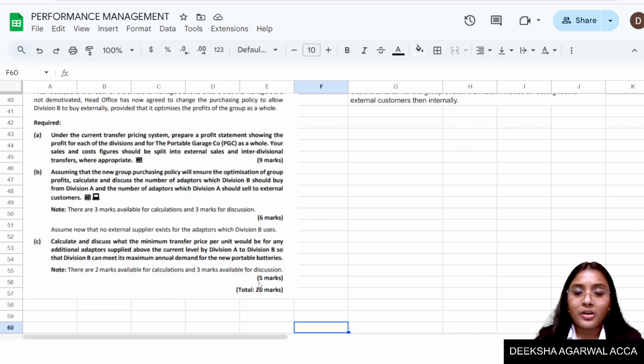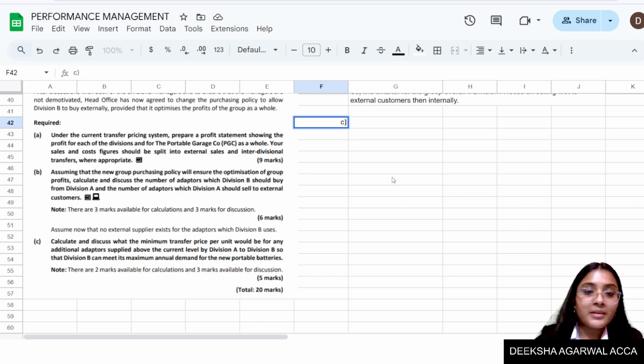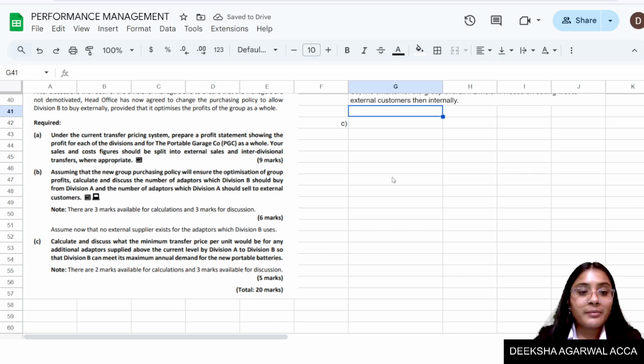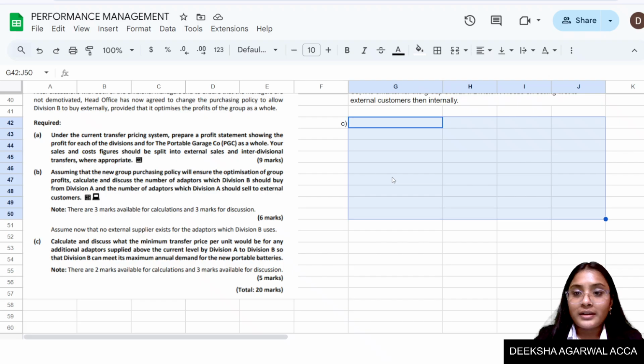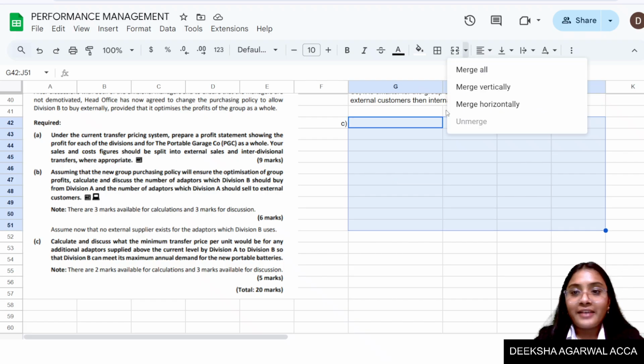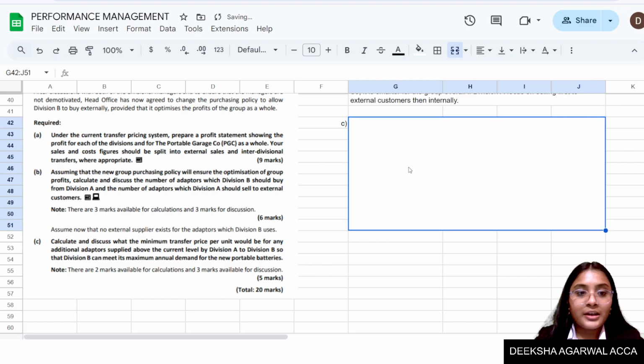They ask me to calculate and discuss the minimum price per unit for any additional adapter supplied above the current level by division A to division B, so that division B can meet its maximum annual demand for the new portable batteries. Okay, let's look into it. 5 marks: 2 marks are for calculation, 3 marks are for discussion.